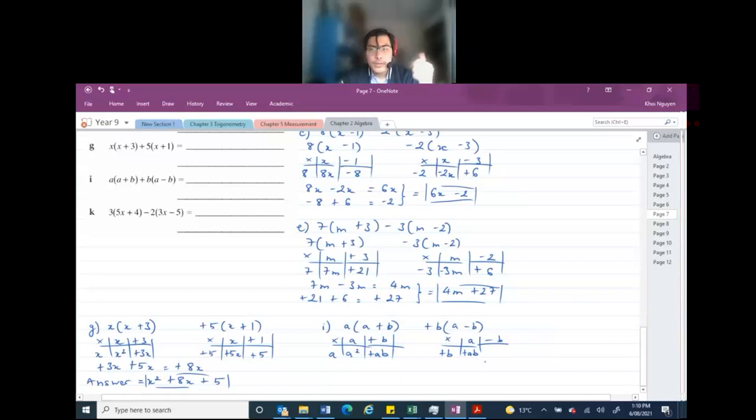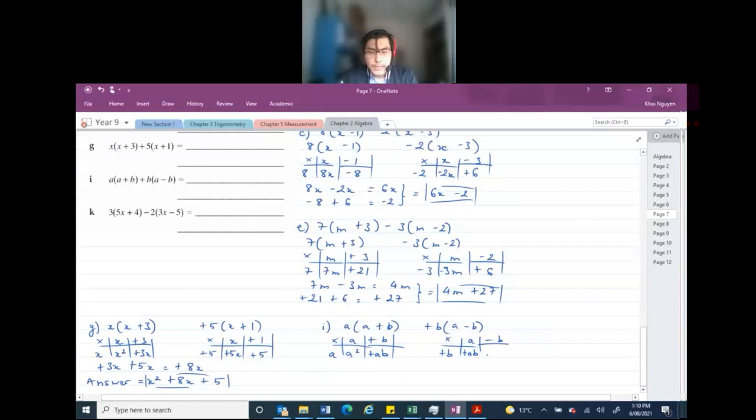With multiplication, it doesn't matter which order you write it in. The convention is you write the letters in alphabetical order, so let's just write it as ab.